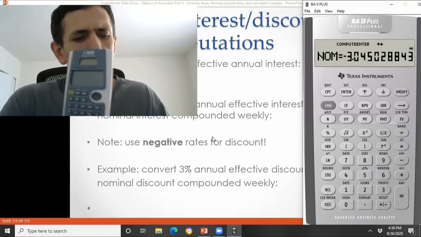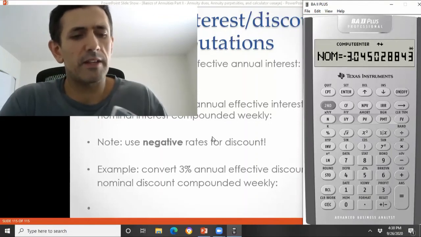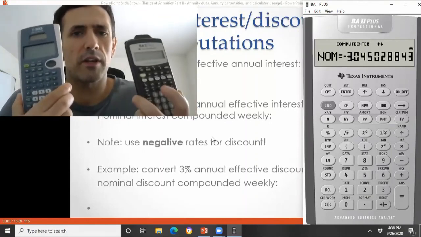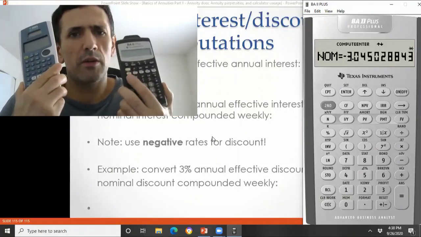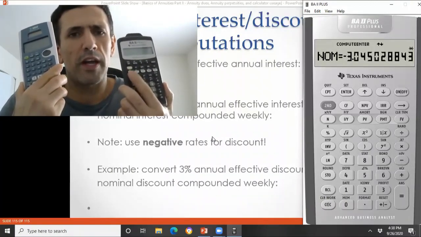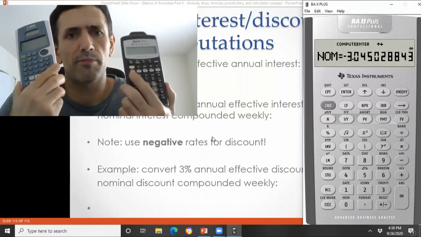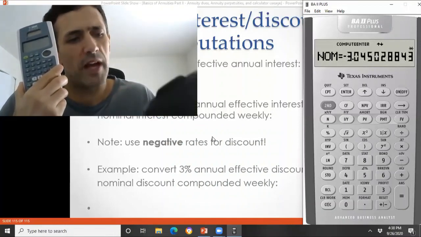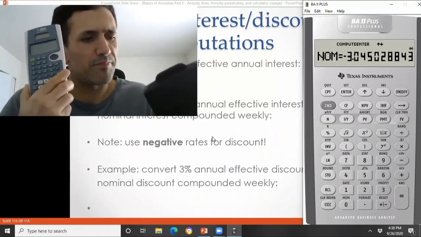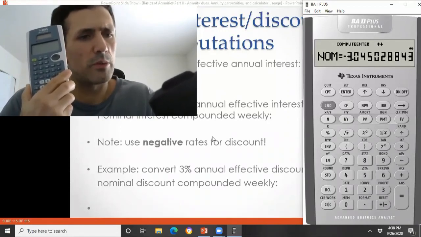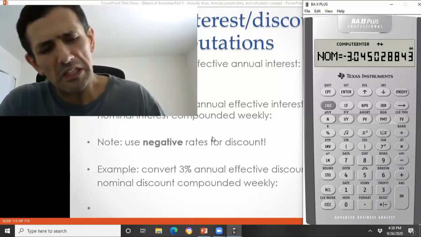So I probably would recommend taking Exam FM with both of these calculators, doing computations with this one, which is much easier, and using the other to do financial annuity and other calculations, like net present value, conversion of nominal interest to effective interest, et cetera.